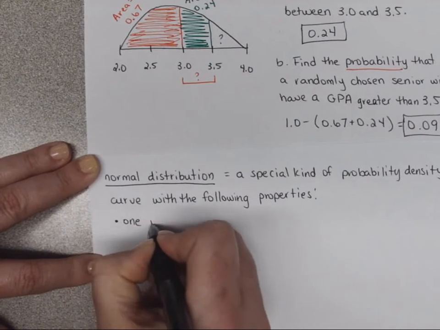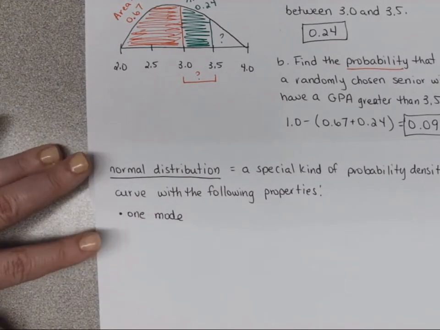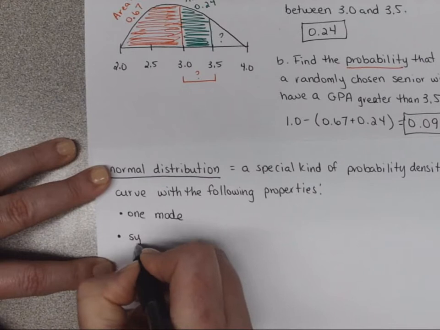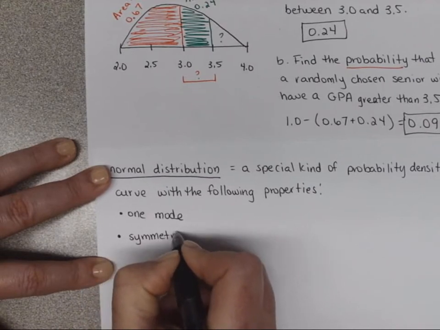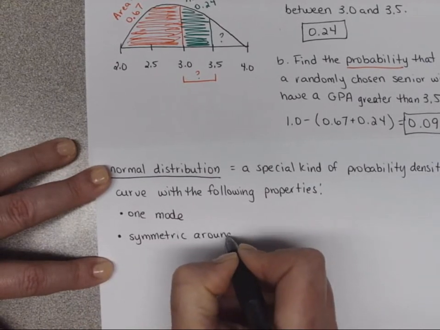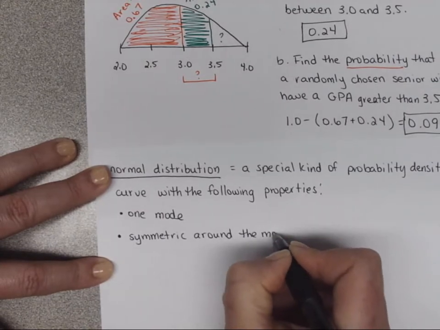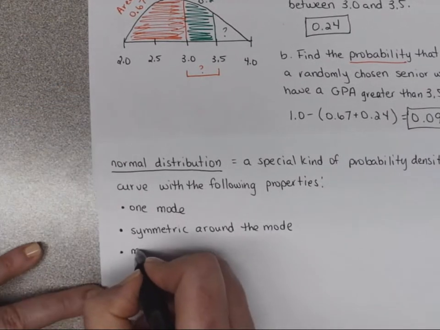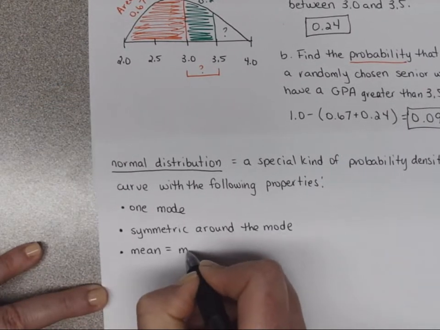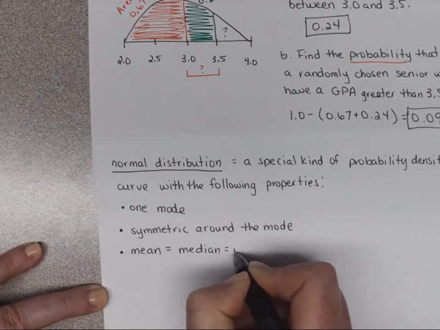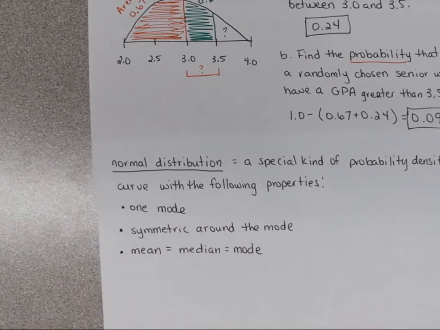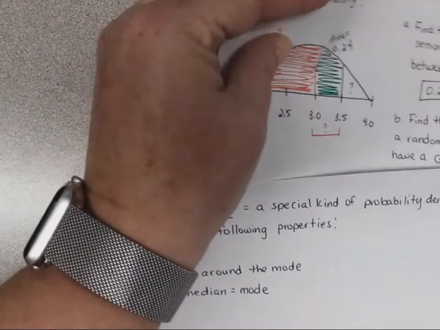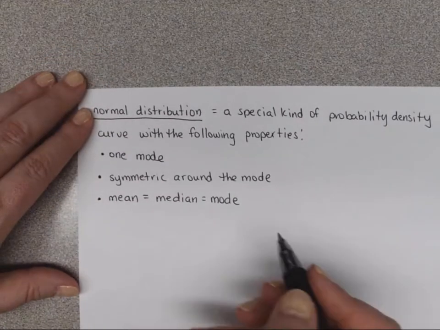Number one is there's only one mode. Number two is it needs to be symmetrical. So the graph that we looked at in example 1 would not have been a normal distribution curve because it wasn't symmetrical. And the third requirement is at least reasonably slow. So the mean, the median, and the mode are one and the same. In other words, the average is equal to around the middle, and we expect the middle to be the most frequent option too. That's what mode means. Okay, so said another way, we basically are going to have a bell curve.